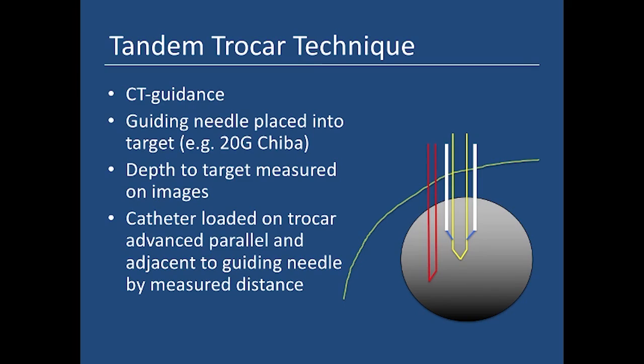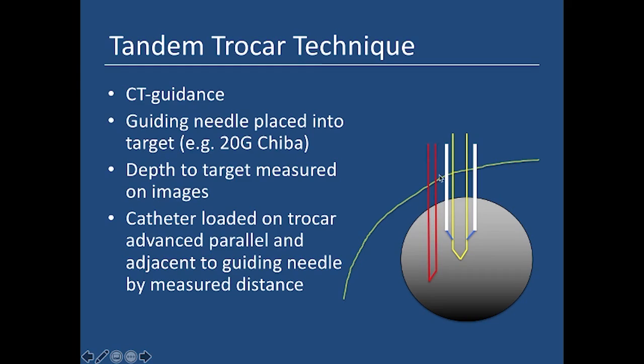If you do that with a 20-gauge Chiba or a small needle, the risk of complication is exceedingly low, whereas advancing a catheter on a large stylet and inadvertently going through liver, kidney, or bowel could have a higher risk of causing complication. So doing the hard work first of getting a small needle that is unlikely to hurt anything into the collection is performed with CT guidance.